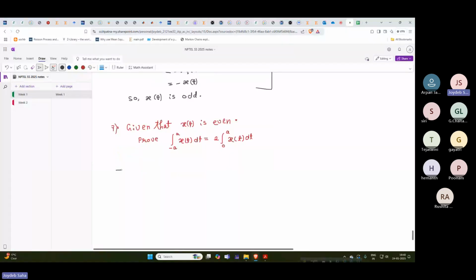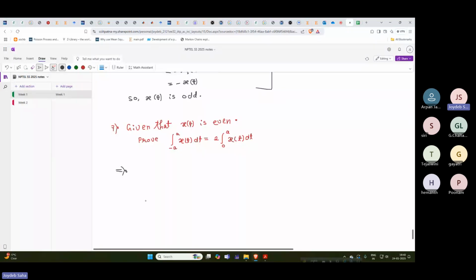Very basic question. If x(t) is even, then what can we say from it?